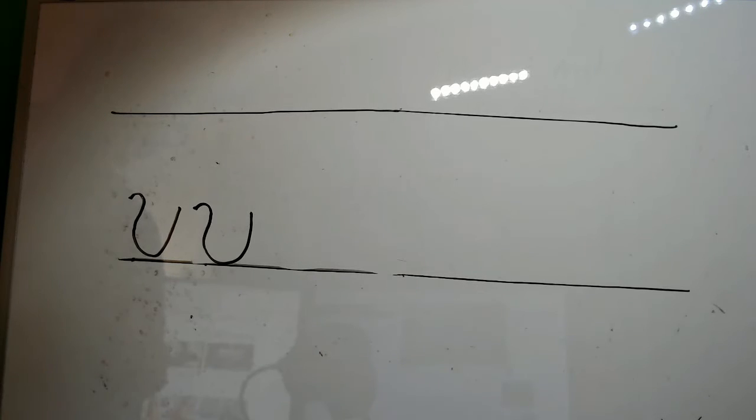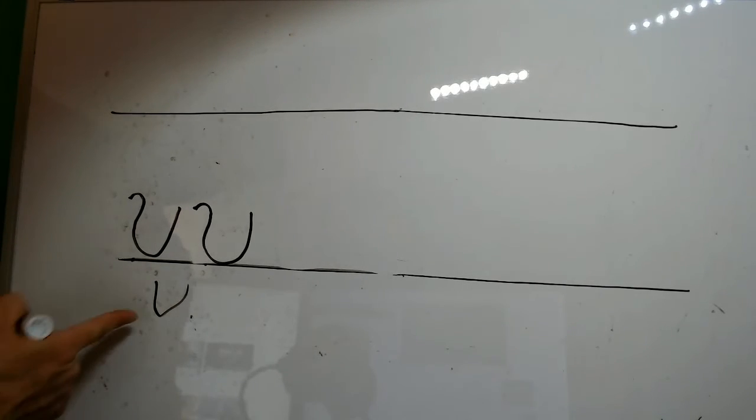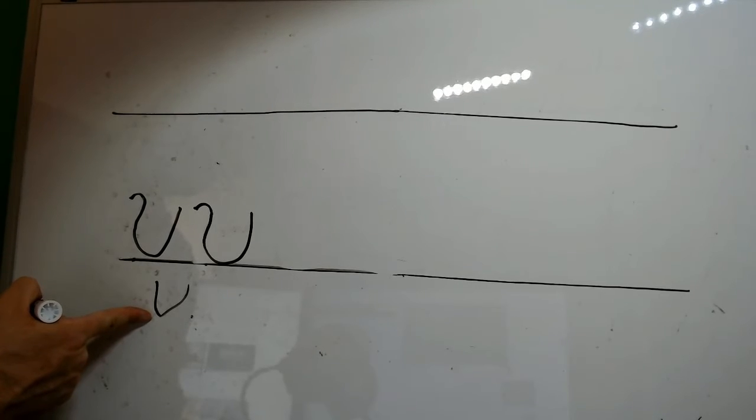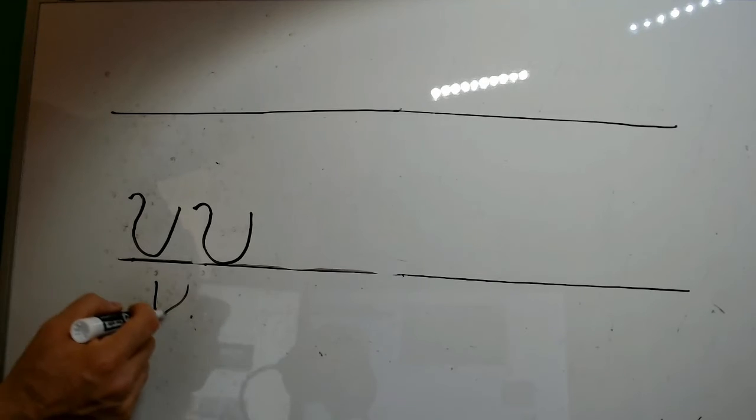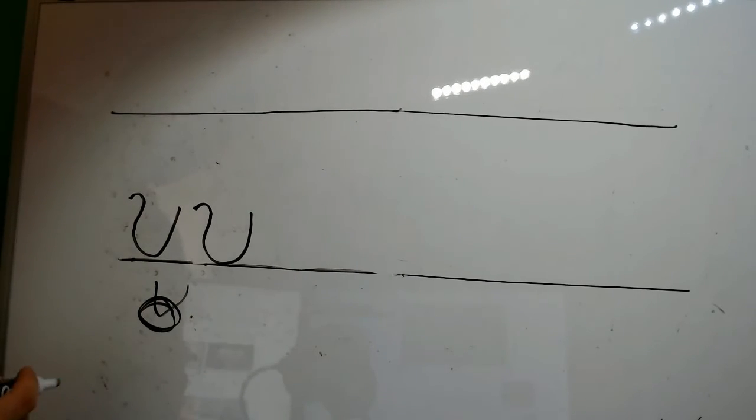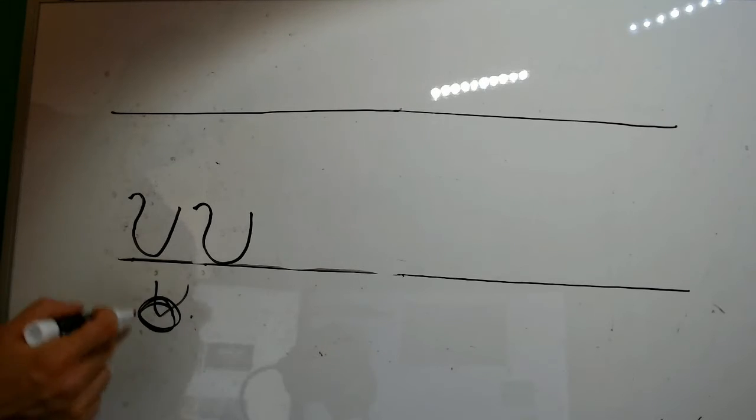Okay, be careful with this one. If you're in a hurry, it can sometimes start looking like that. Okay, and then you can't really tell what letter that is. That looks kind of like a nu. Okay, or it could be an upsilon also. So be careful right down here. Don't get into too much of a hurry and start pointing your upsilons or rounding off your nus.